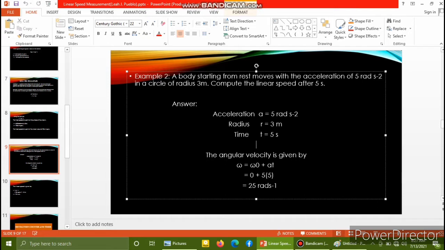To put in the givens, our initial angular speed is unknown, so we put 0, plus our acceleration, which is 5, times the time, which is 5 seconds. So 5 times 5 is equal to 25 rad/s. So this is our angular velocity.